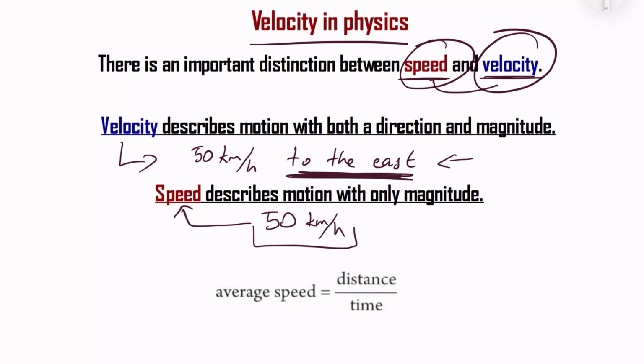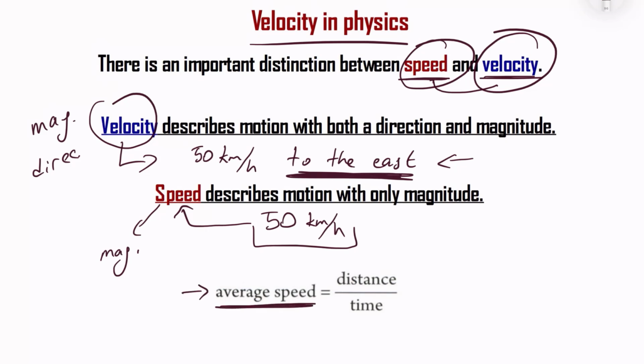So for velocity, we know magnitude and direction. And for speed, we know only magnitude. And here we have a formula. That is the formula of the average speed, and average speed is distance over time. What was the formula of the average velocity? It was displacement over time taken.